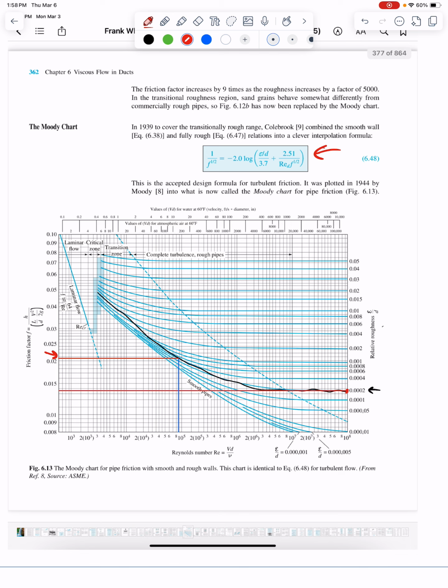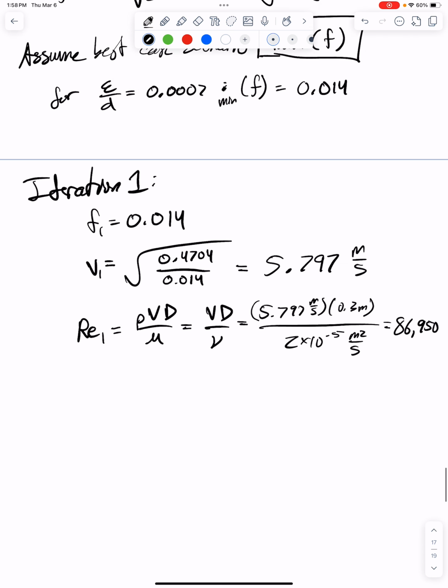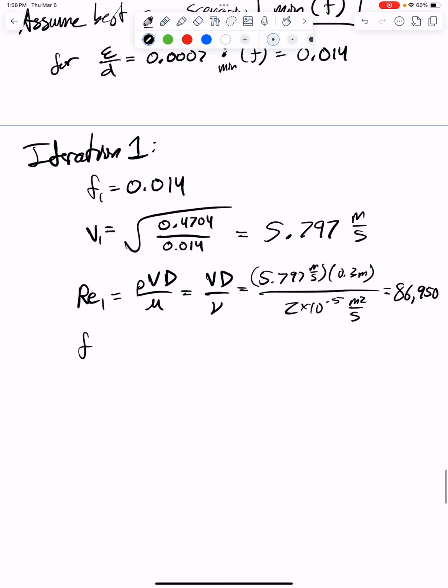I did this using, I think, MATLAB, but if you calculate using this formula, you obtain that based on this Reynolds number, your new friction factor is 0.02011.